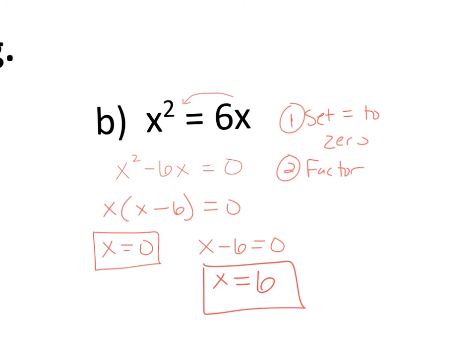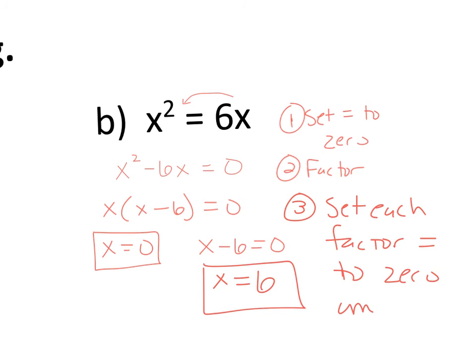So after we factor, step 3, set each factor equal to 0 and solve. Okay, now something really important to point out is this exponent right here will tell you how many answers you should have.